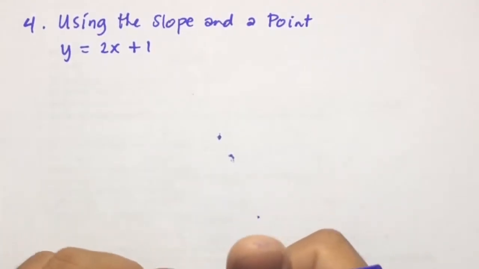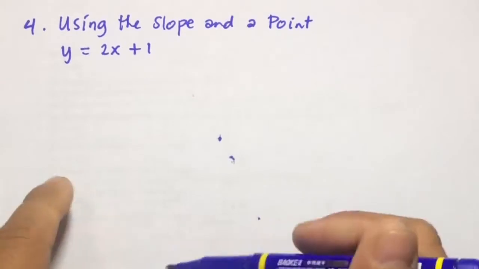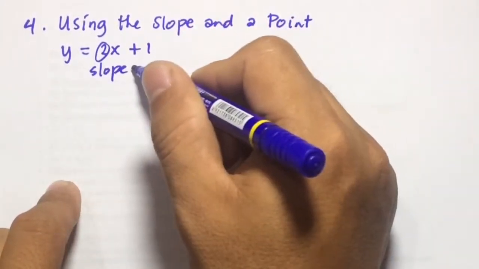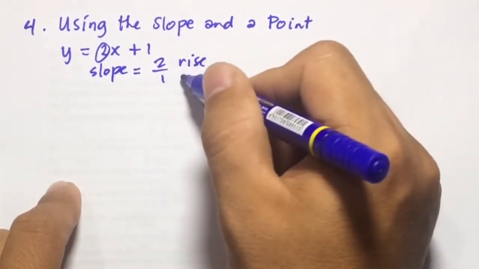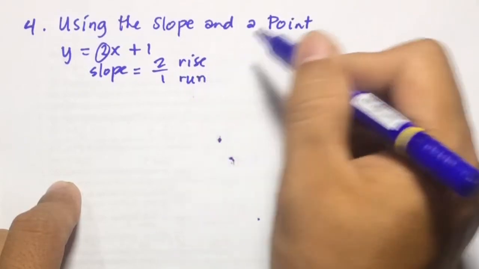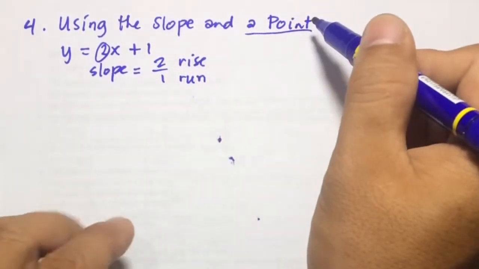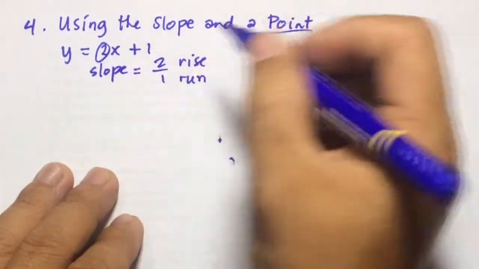Then the last one is using the slope and a point. So y equals 2x plus 1. So we have here the slope is 2, or this is 2 over 1. This is the rise, and 1 is the run. So we're going to find a point. We're going to substitute any value of x in the equation.